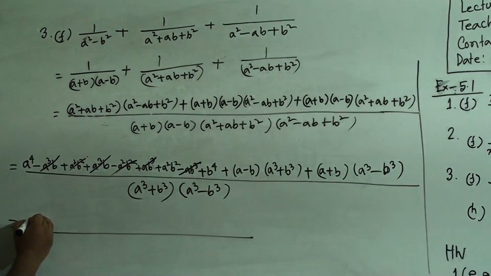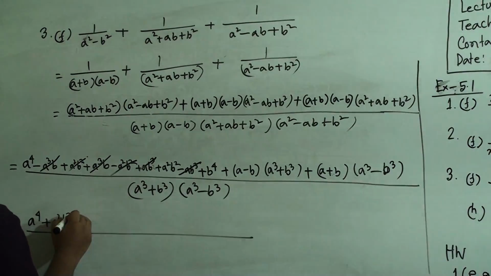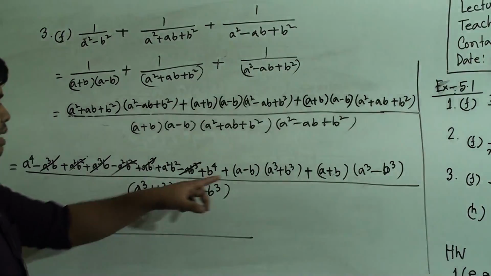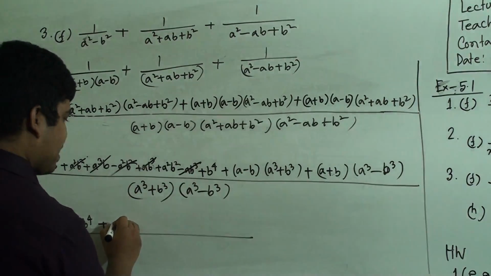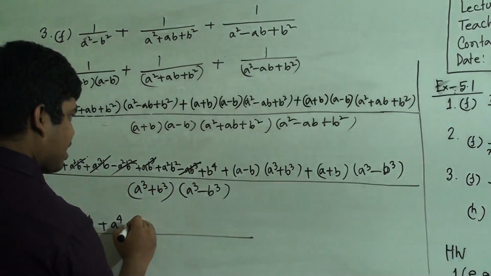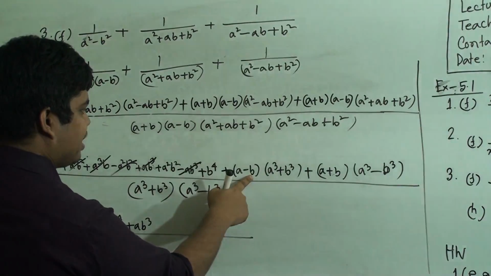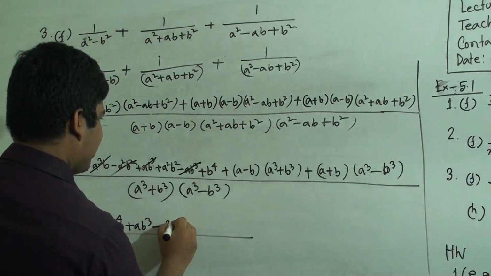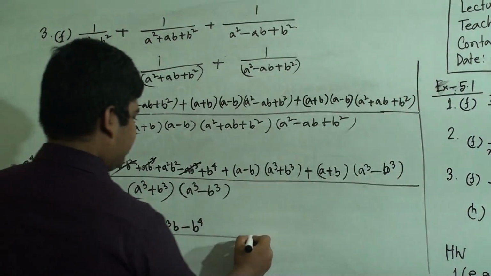And here you are left with a to the power 4 plus a square b square plus b to the power 4. Now we multiply this number by a and we get a to the power 4 and plus ab cube. Then b is multiplied by this number, that means minus a cube b, and finally b to the power 4.